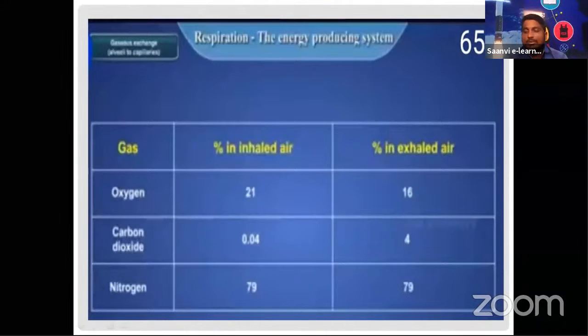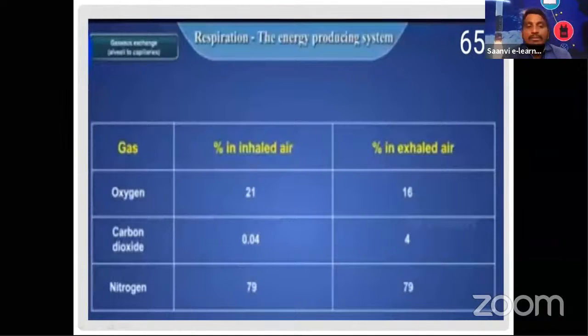Carbon dioxide is 0.04%, and nitrogen 79%. In old books, the carbon dioxide is given as 0.03% and nitrogen 78%. Please consider that. Here, oxygen 21%, carbon dioxide 0.04%, and nitrogen 79%.